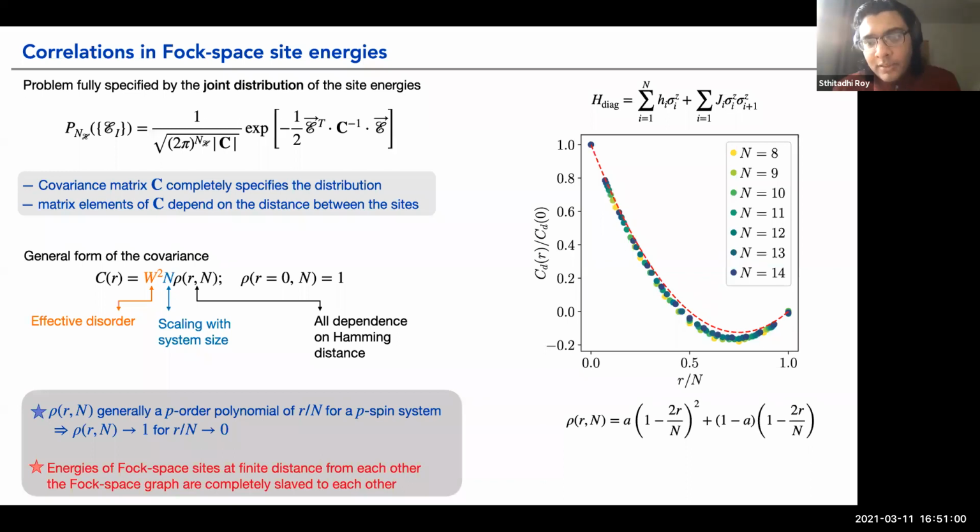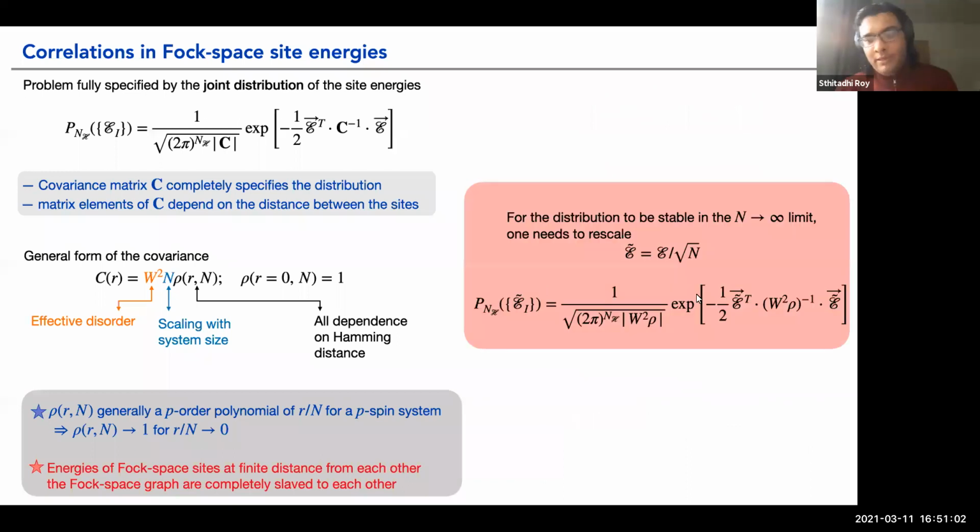Okay, but notice that there is another point to be made here, which is that this covariance matrix has the scaling N. But in the multivariate Gaussian, what sits on the top is C inverse. So in the N going to infinity limit, the distribution written as here is not stable.